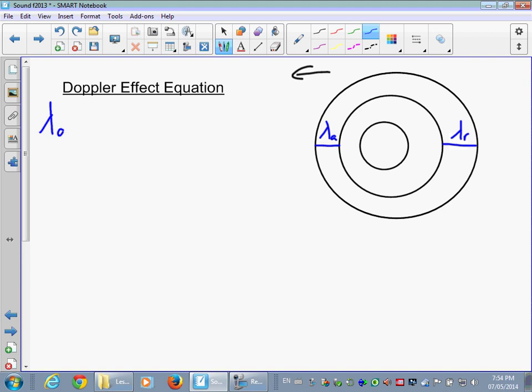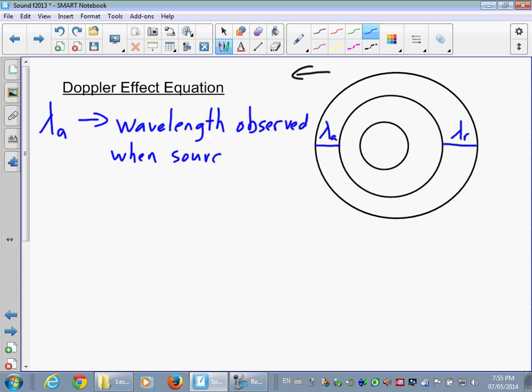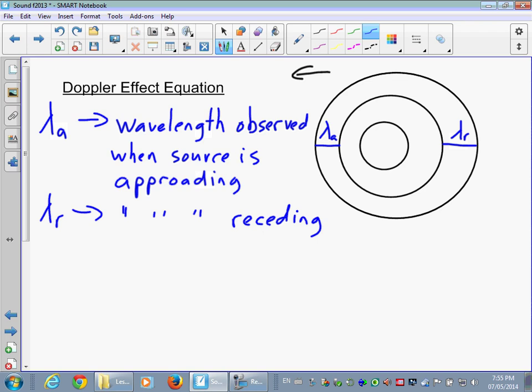So lambda A is the wavelength observed when the source is approaching, and lambda R is all the same stuff, but when the source is receding.